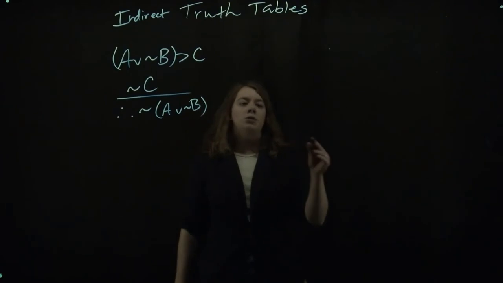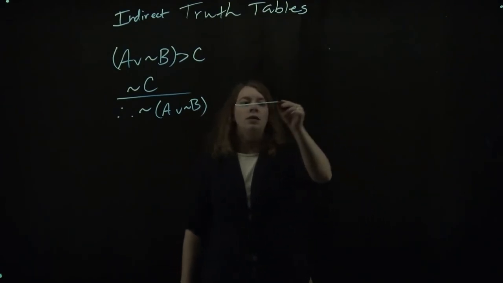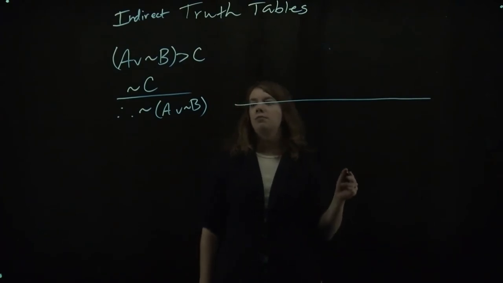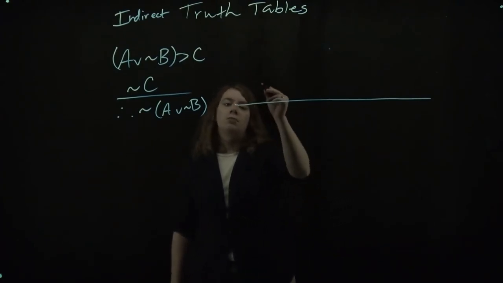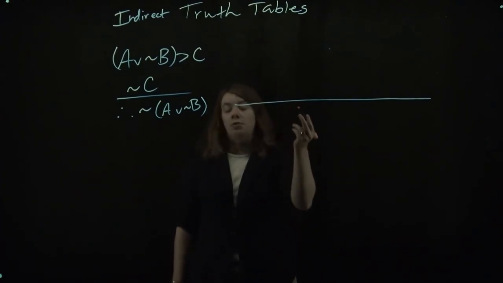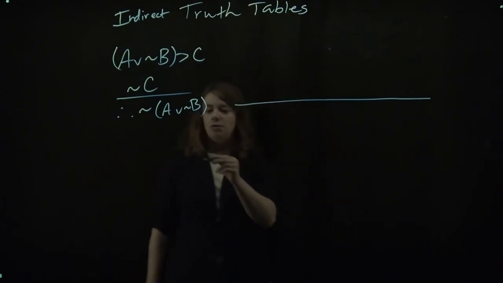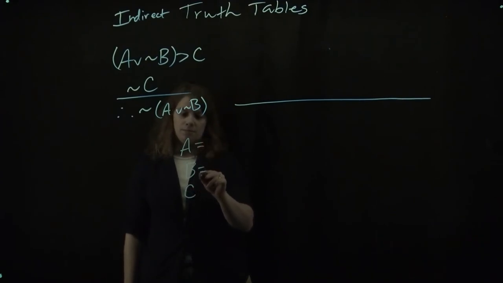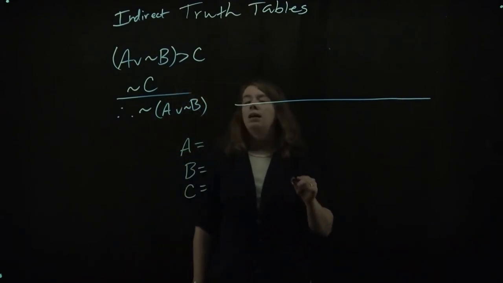All right. So once again here, we're going to lay our argument out on the table. But this time you don't really need a column for each letter. You can just simply put them off to the side like so.